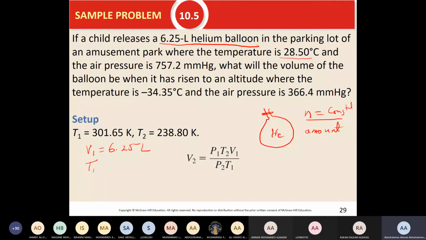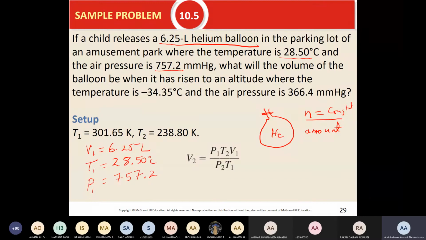In the parking lot of an assumed amusement park, the temperature was 28.50 degrees C, so T1 equals 28.50 degrees C. And the pressure was 757.2, so P1 was 757.2.